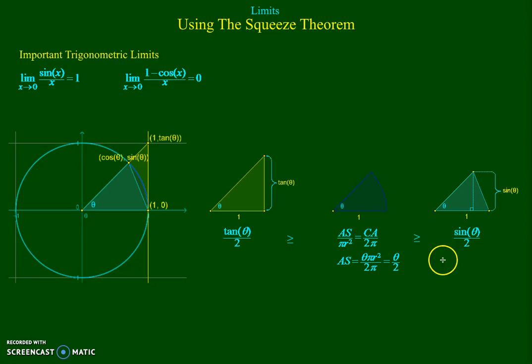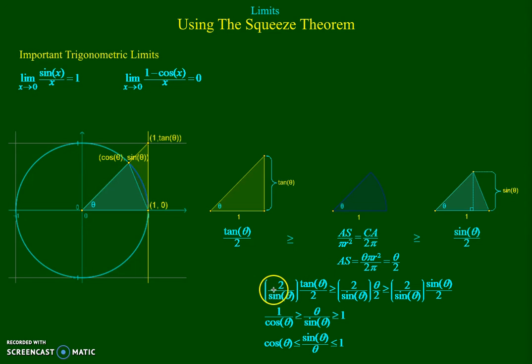We're going to need to manipulate these functions so that this central term is going to look like this ultimately. Now the way we do that is by multiplying each one of these areas by 2 over sine theta. So let's take a look at what that results in. When we multiply this by 2 over sine theta, we get 1 over cos theta. When we multiply this by 2 over sine theta, the 2's cancel out, and we get theta over sine theta.